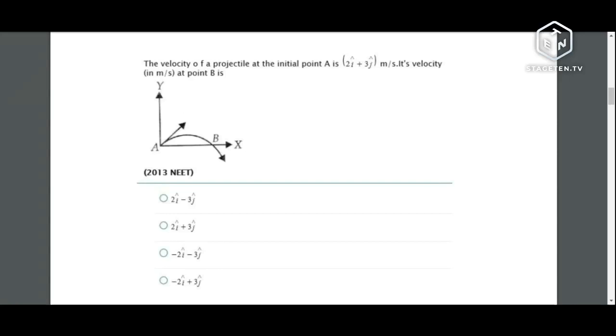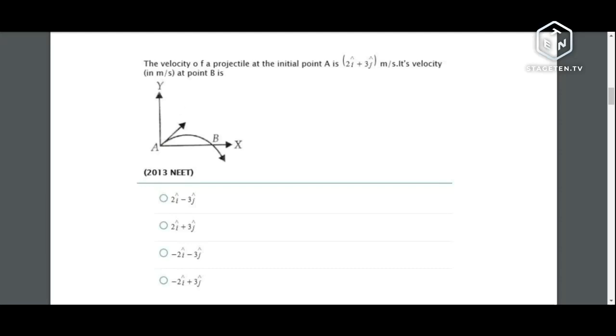Now in this case, if you don't get this, we need to find the velocity at point B. As you can see here, the x component of velocity remains unchanged. And if we talk about the y component, it gets reversed, it is in the opposite direction.